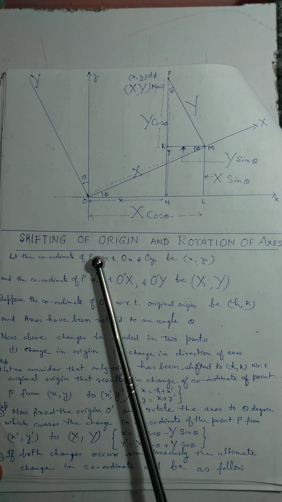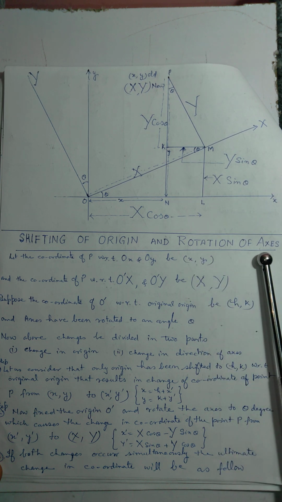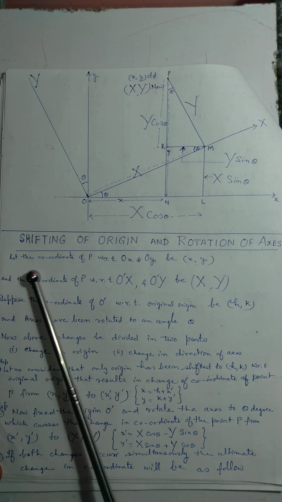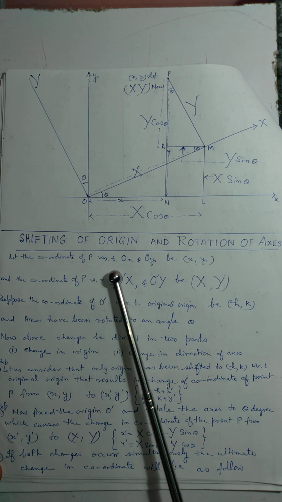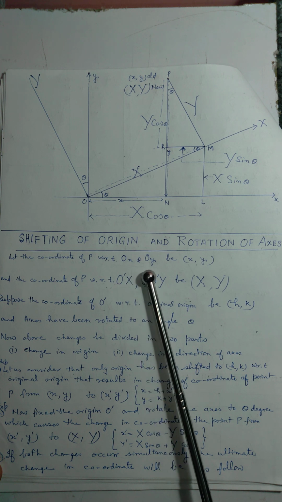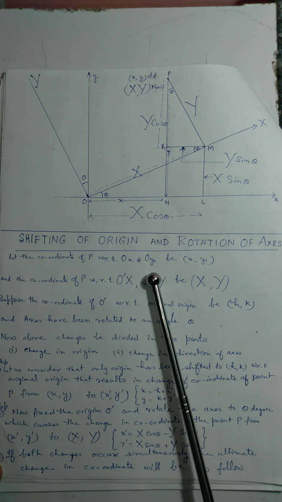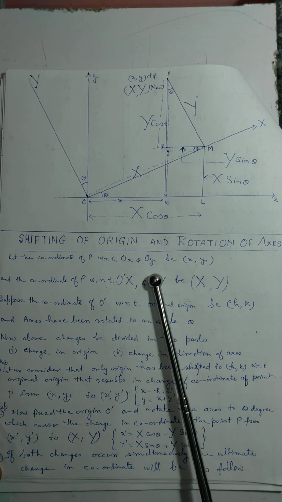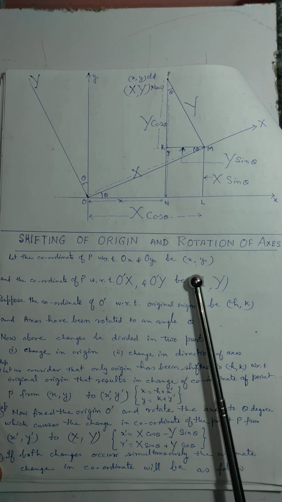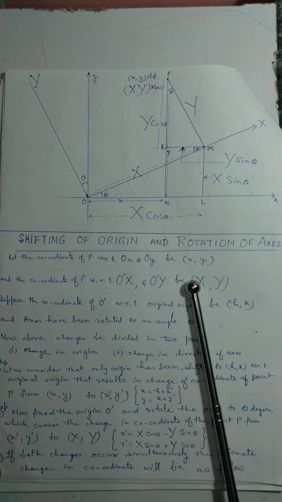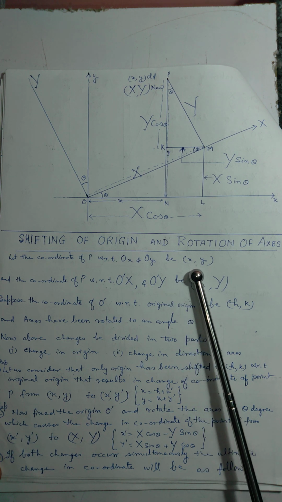This is the shifting of origin and rotation of axis. Let the coordinate of P with respect to OX and OY, small x, small y, be the initial coordinate of the point P, small letters x and y.